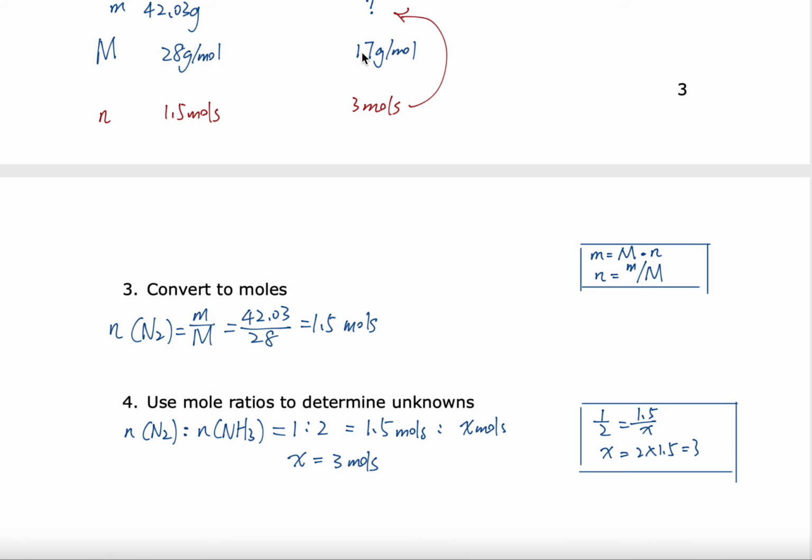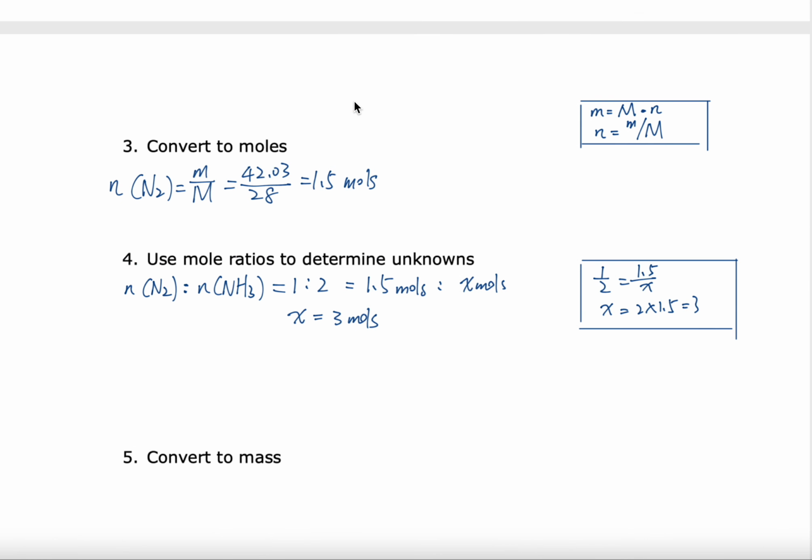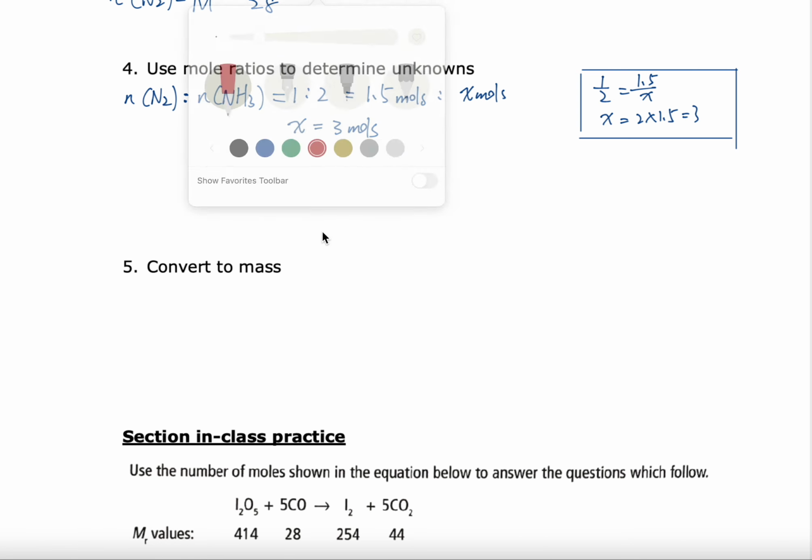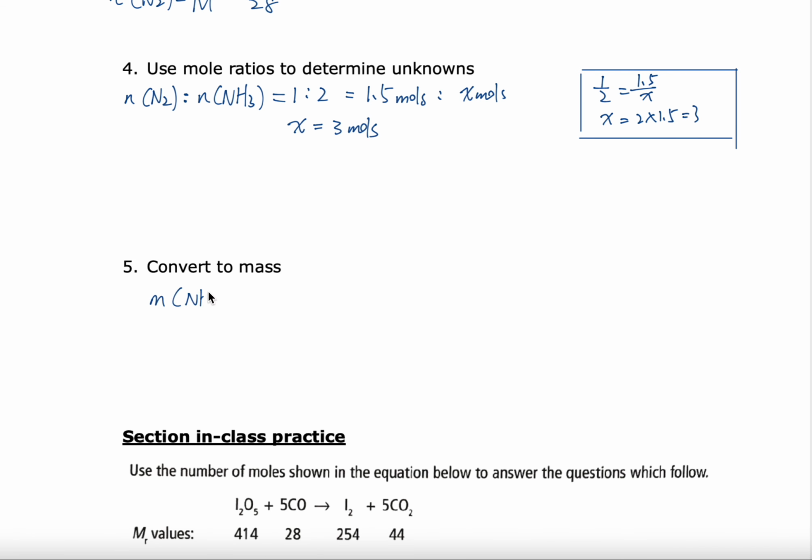Big M is 17 grams per mole, small n is 3 moles. So lastly, convert into mass. The mass of NH3 is equal to 17 times 3, and that's equal to 51 grams.